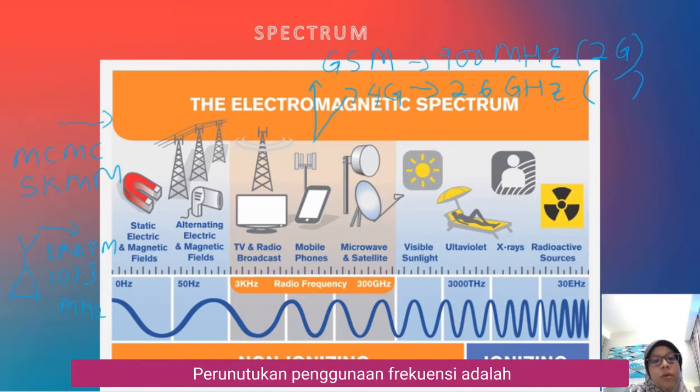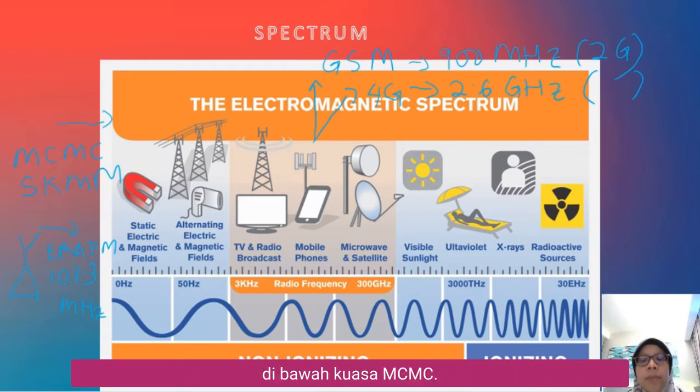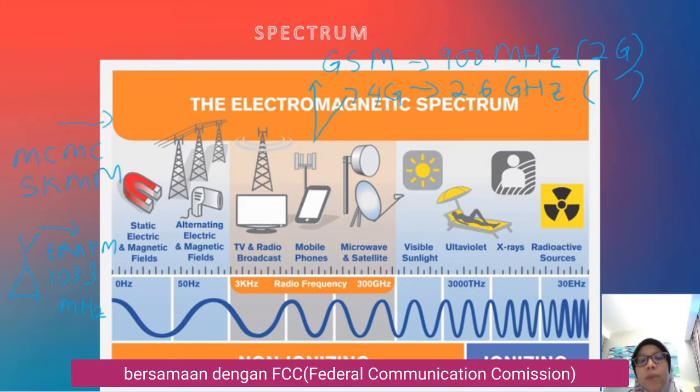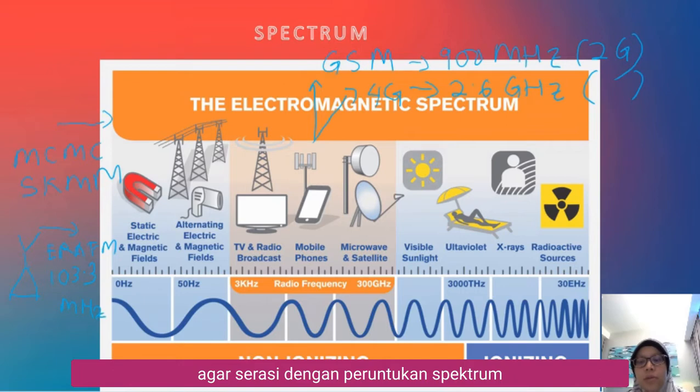So this frequency has been allocated by MCMC. However, the allocation of the spectrum by MCMC must be in line as well with ITU, so that it is compatible with other countries as well.